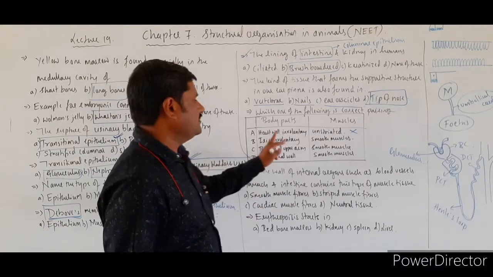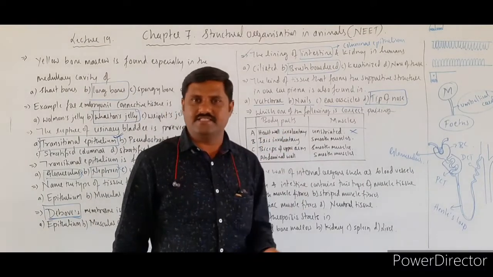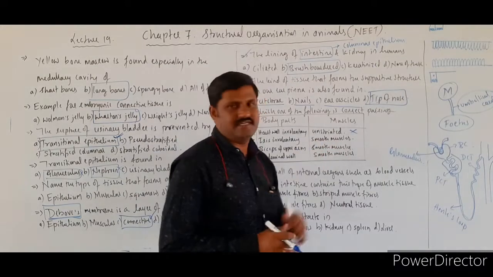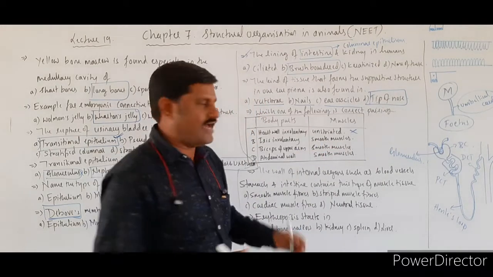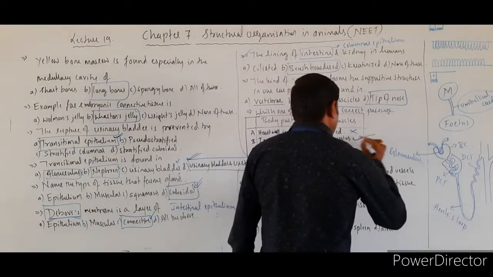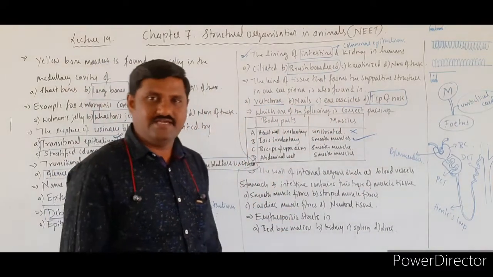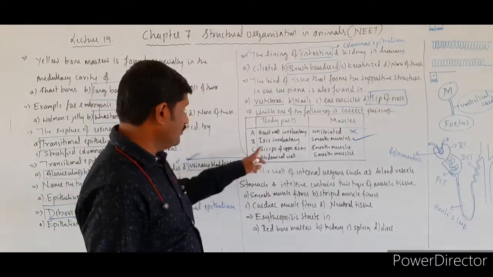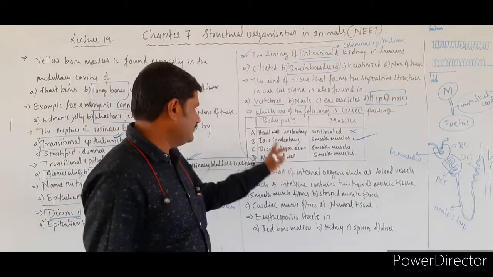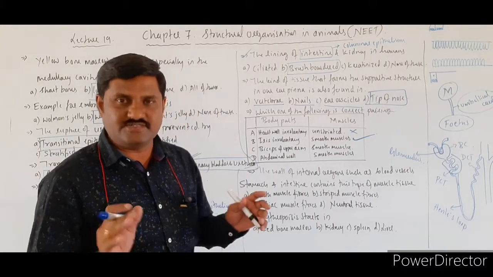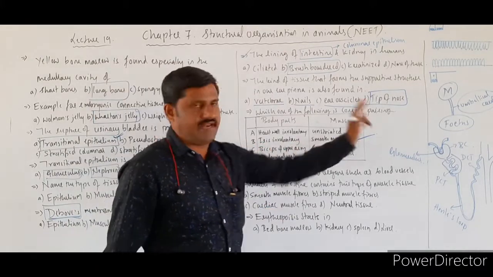So iris involuntary. Of course, iris has involuntary, smooth muscles. So the answer might be this one. Alright. So we'll expect. Why? Because two more are there. Alright. This is the correct matched one.